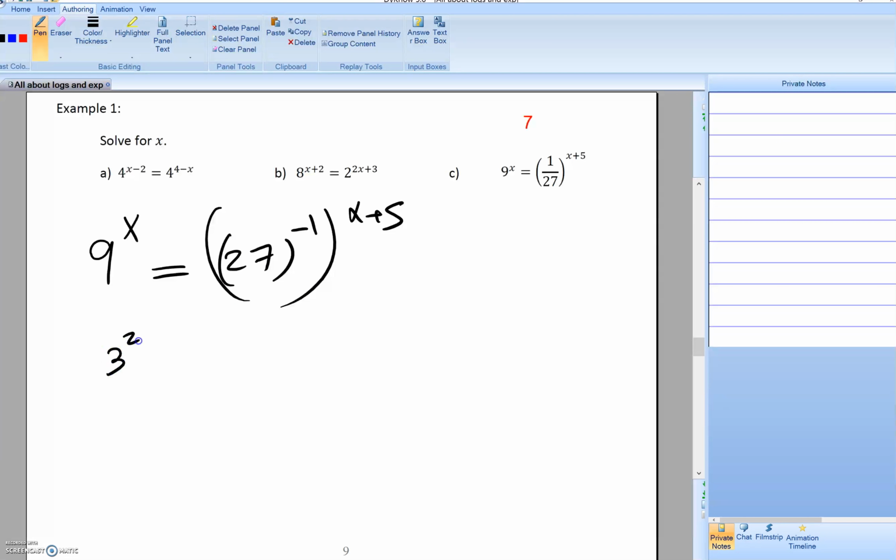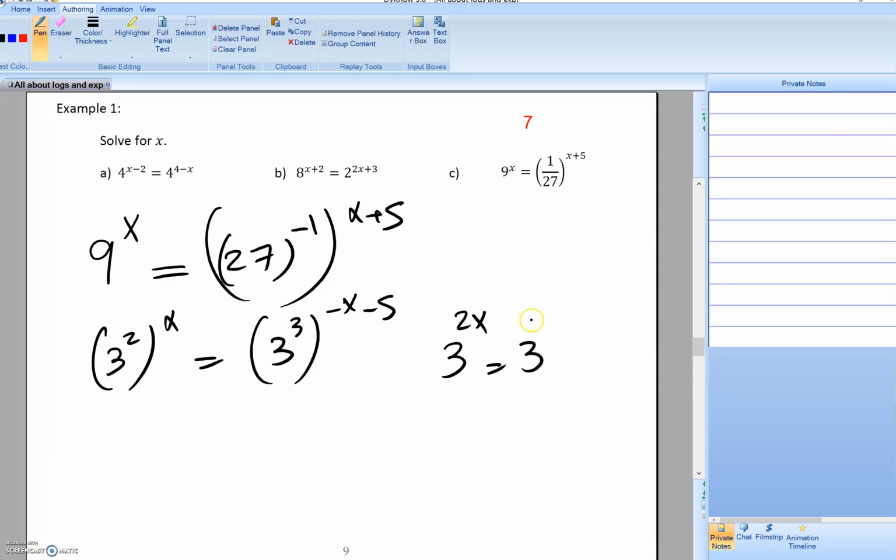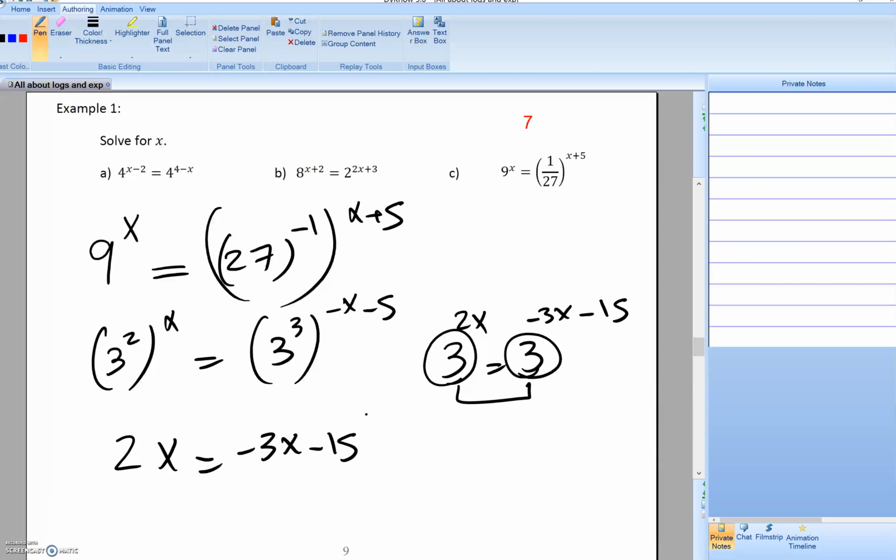This is 3 power 2 power x, this is 3 cubed to the minus x minus 5, and this is 3 power 2x, and this is 3 power minus 3x minus 15. Then I have both equal and bases equal, so I can say 2x equals minus 3x minus 15, and I can find x.